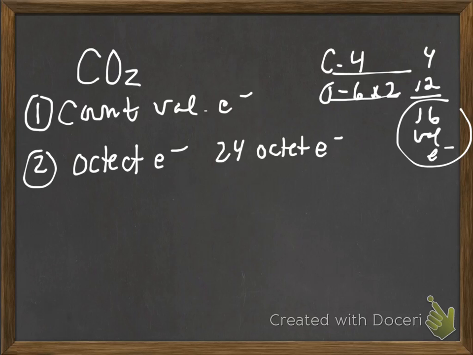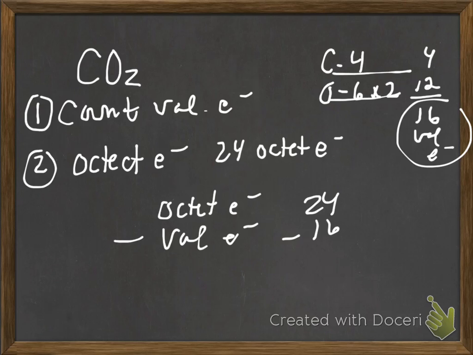So now we subtract the valence electrons present from the octet electrons. So octet electrons minus valence electrons, 24 minus 16, we get 8. This is the number of electrons that will be shared. Okay?